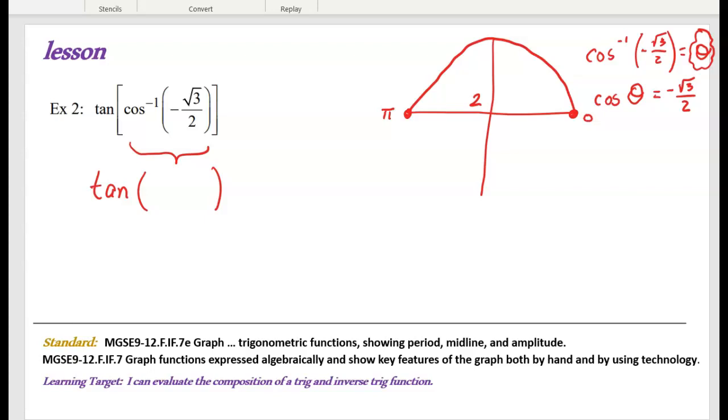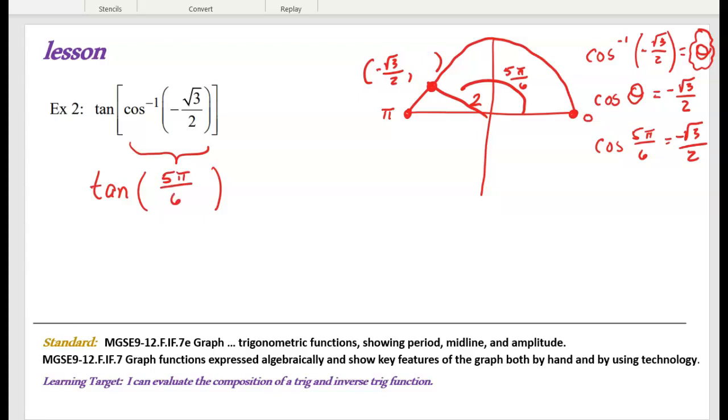Now we already know if the x-coordinate is negative root 3 over 2 on the unit circle, then that angle is 5 pi over 6, which means theta must be 5 pi over 6. So cosine inverse of negative root 3 over 2 is 5 pi over 6.